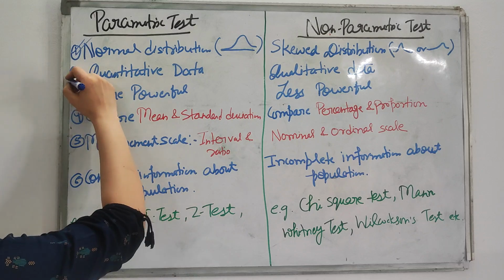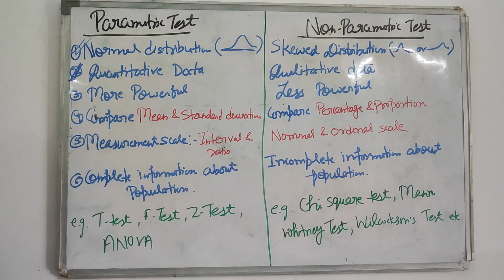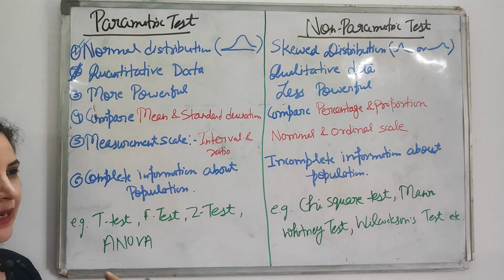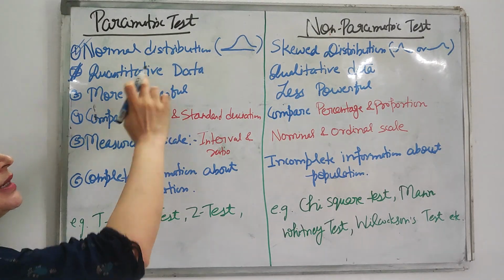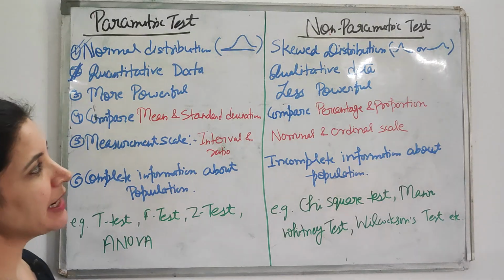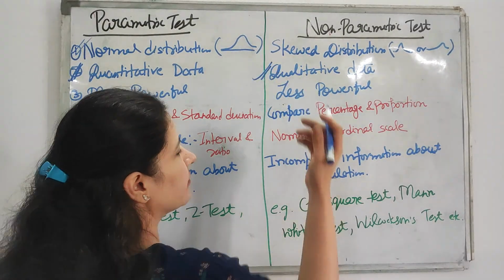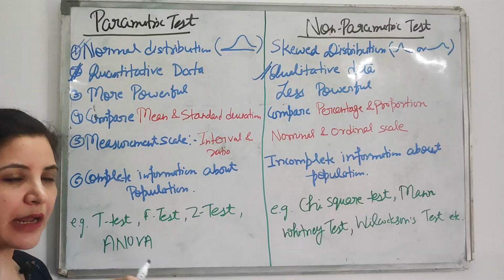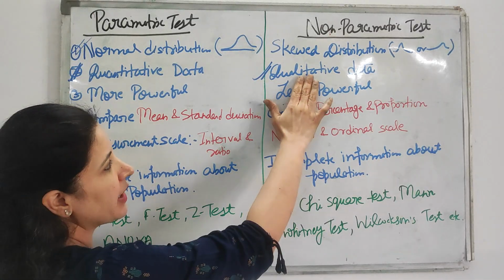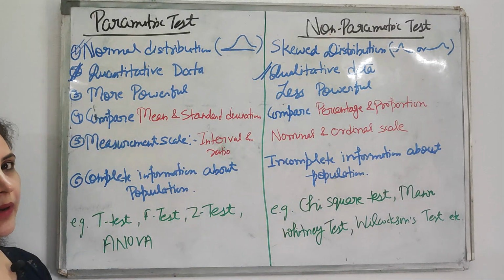Now second point is that parametric you will use for quantitative data, where quantity of any data is required. If you require qualitative data, if you don't require quantity, then in qualitative data you will use the non-parametric test.